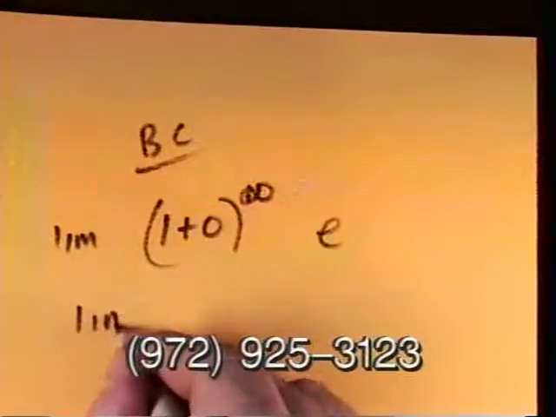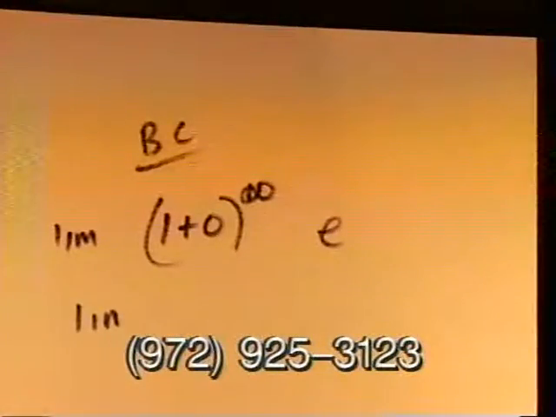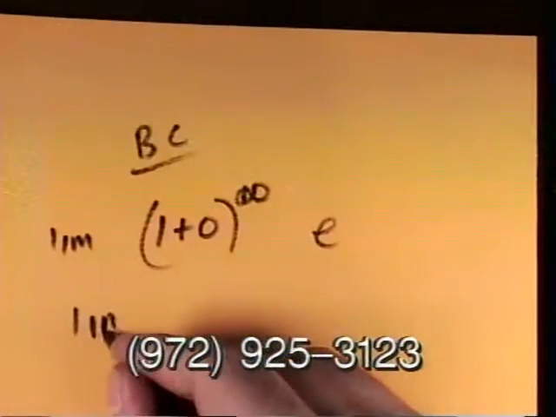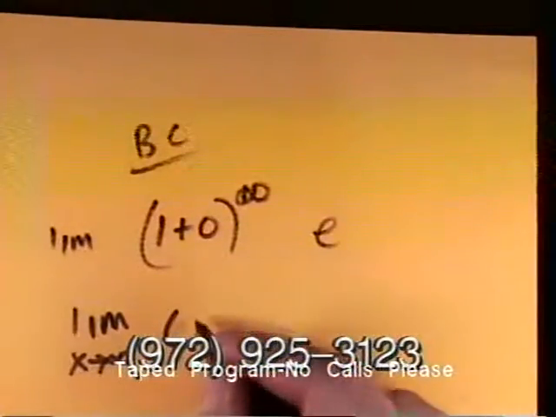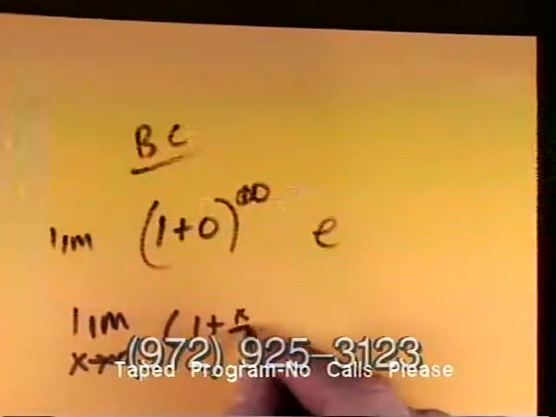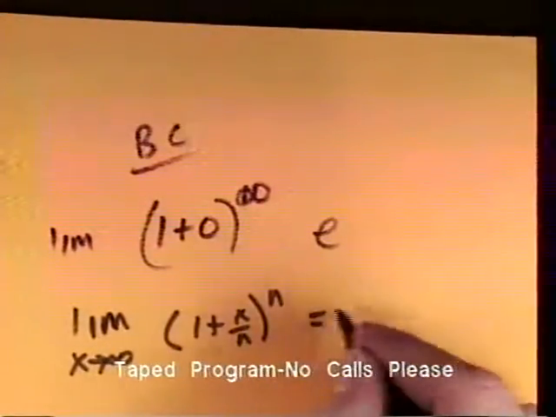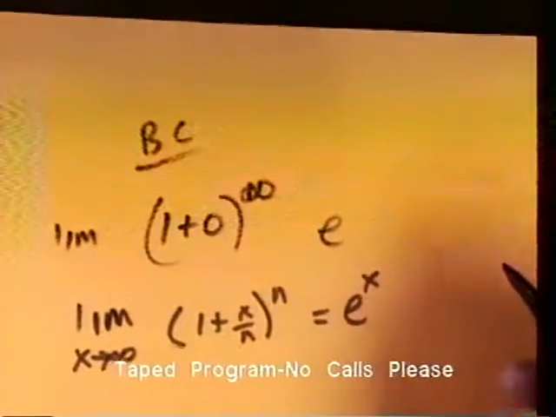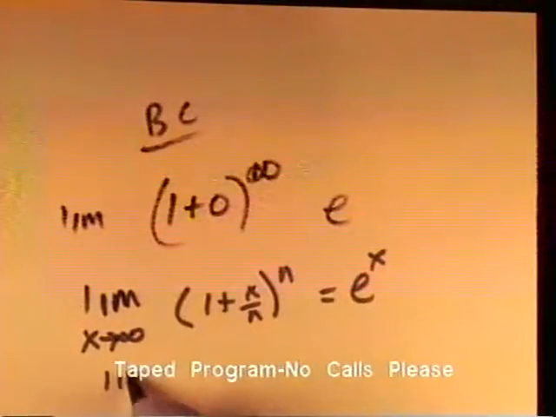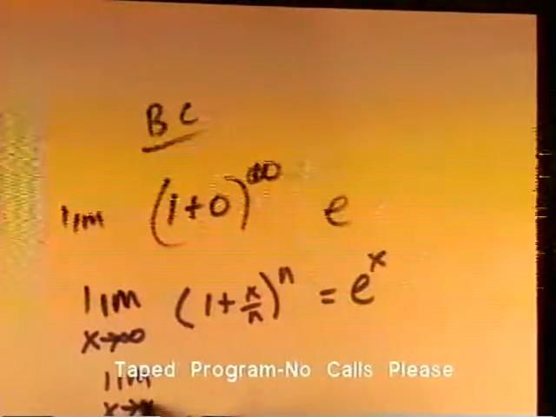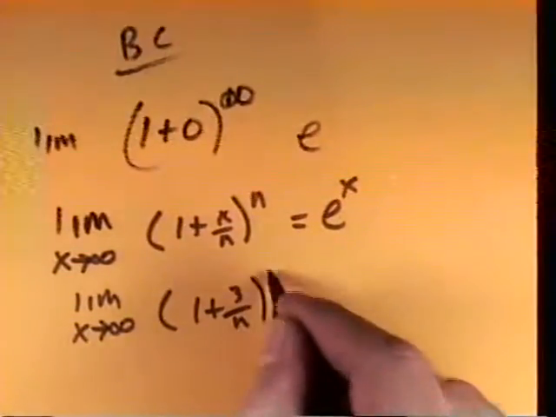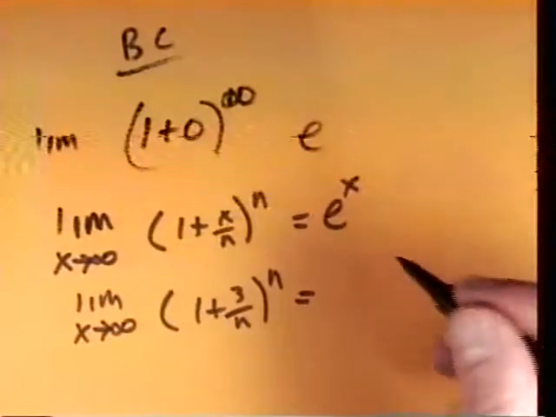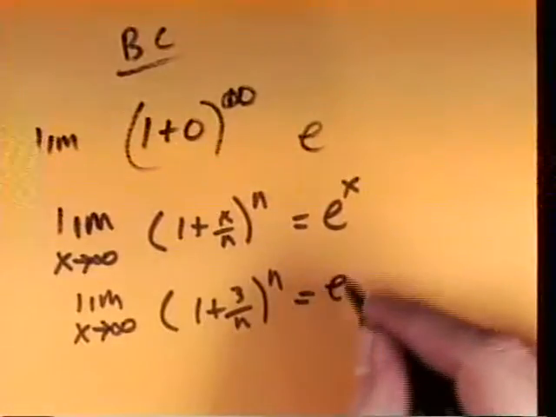The formula is the limit as x goes towards infinity of 1 plus x over n to the n is equal to e to the x. Okay? So if you had a simple problem like limit as x goes towards infinity of 1 plus 3 over n to the n, what does that equal? E to the third. Very good, e cubed.